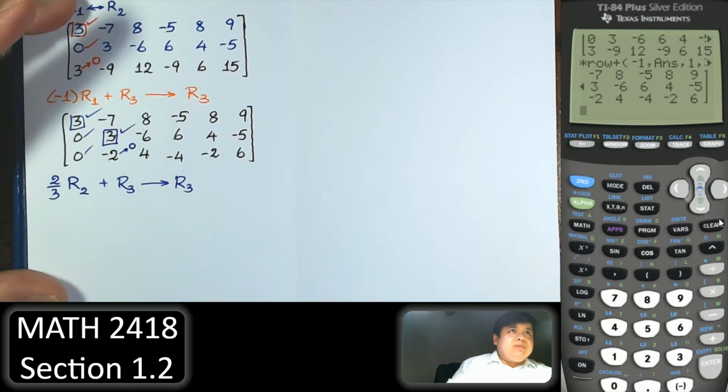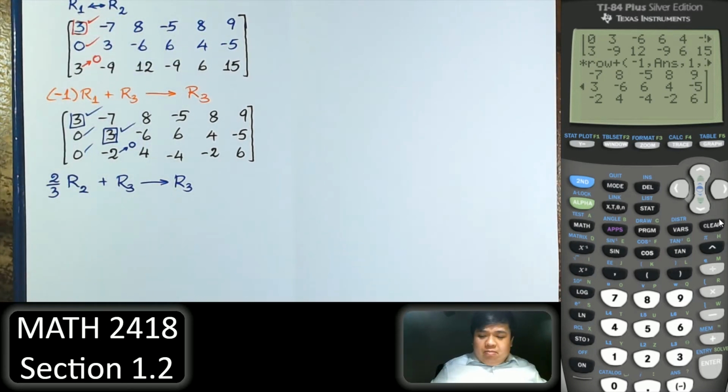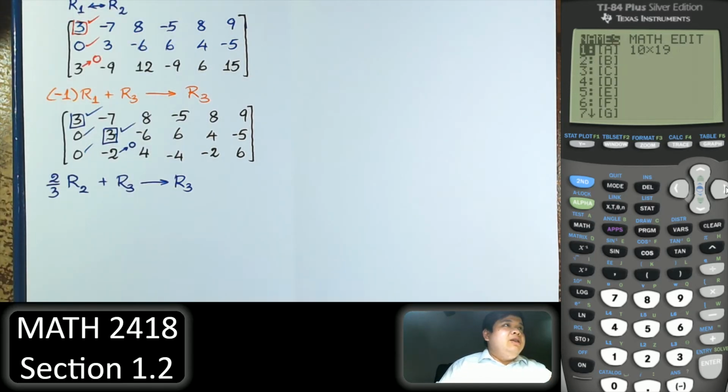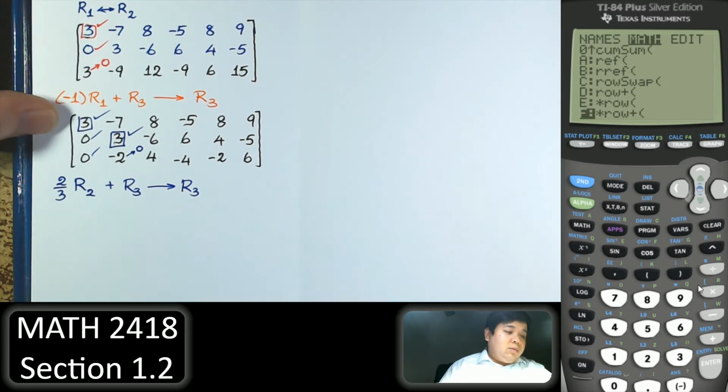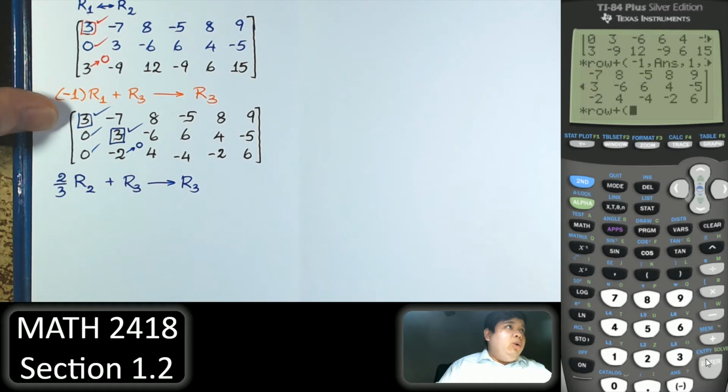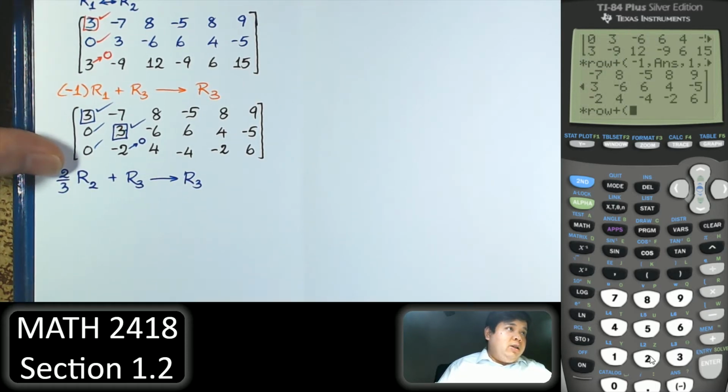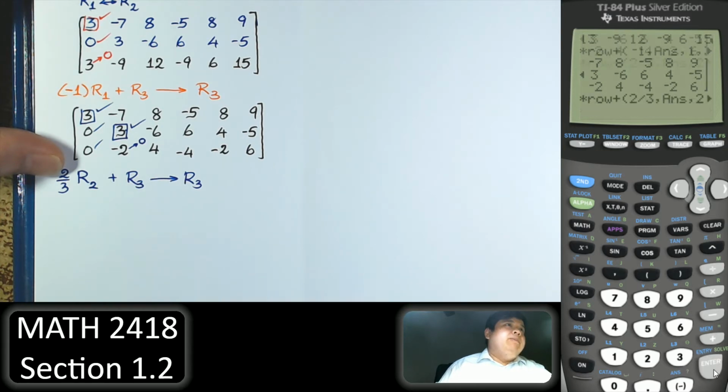Like I said, there's a better way to do this. But here we will do 2/3, apply to the matrix, multiply to row 2, add to row 3, replace row 3.